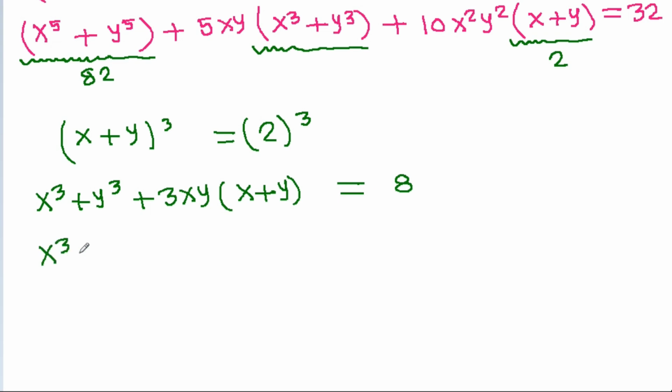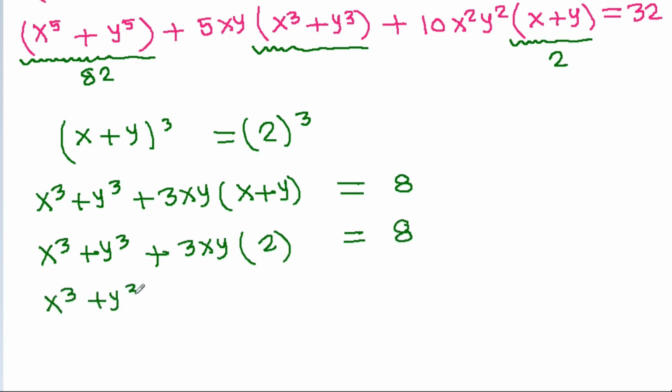And it is x cube plus y cube plus 3xy times 2, that is equal to 8, and we can get x cube plus y cube is equal to 8 minus 3 times 2, which is 6xy.